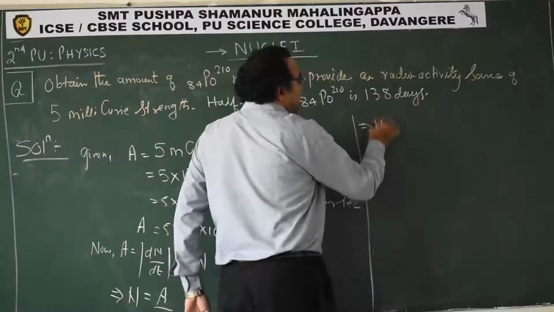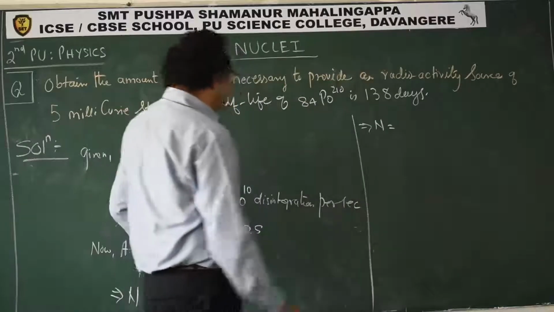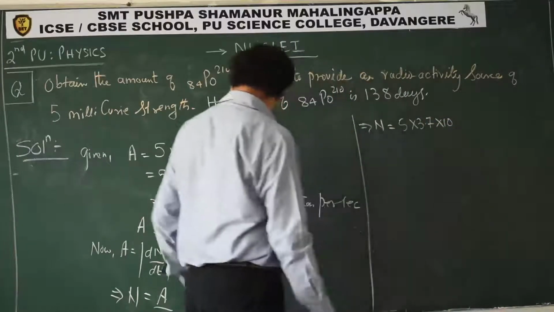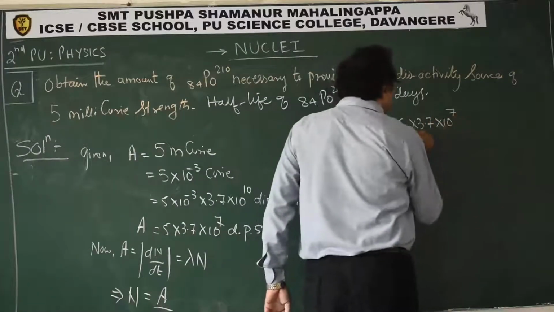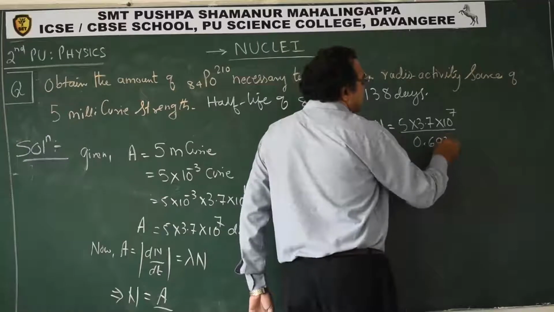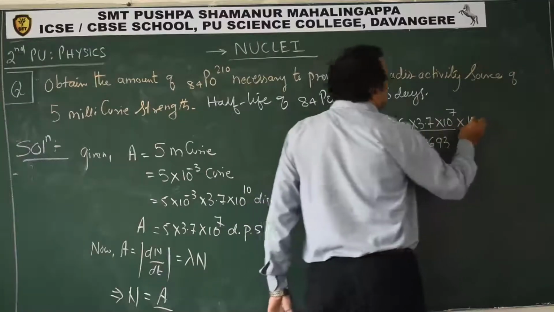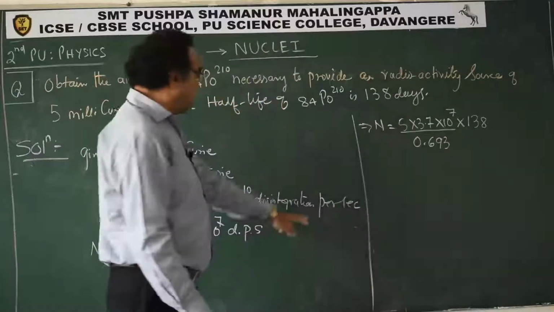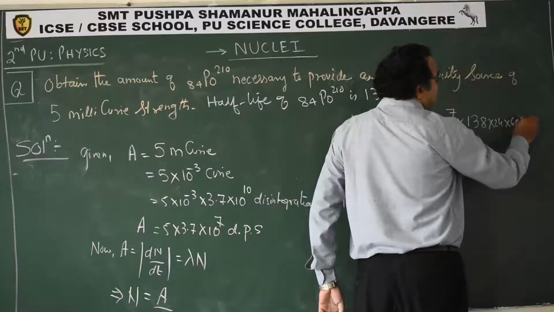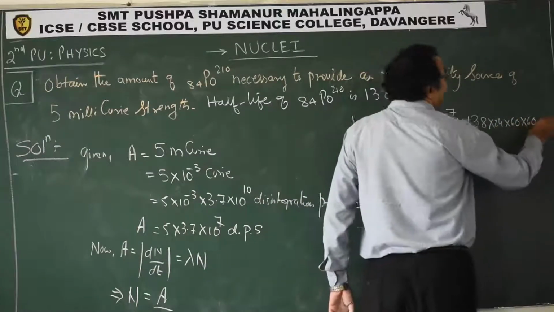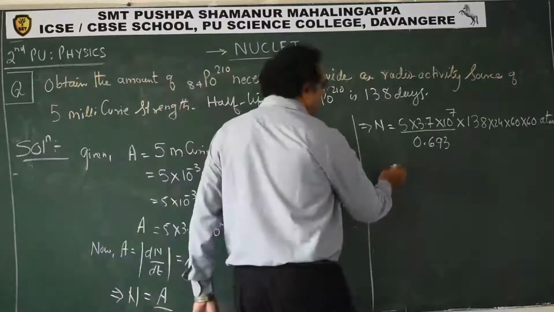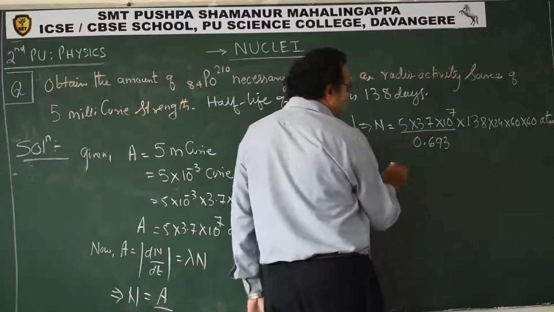So therefore N is equal to A, which is 5 into 3.7 into 10 power 7, upon lambda, which is 0.693 upon T half, that is 138 days, because we want it in per second. 138 days, 1 day 24 hours, 1 hour 60 minutes, 1 minute 60 seconds. This we can take as approximately 0.7.